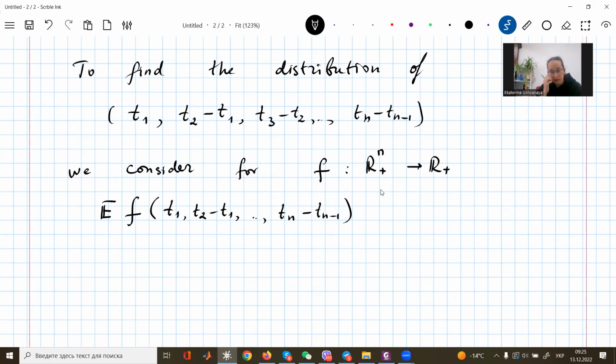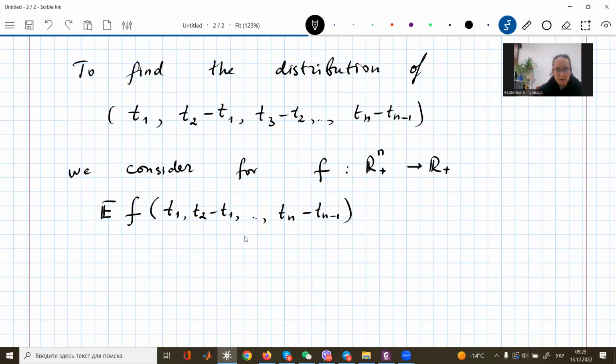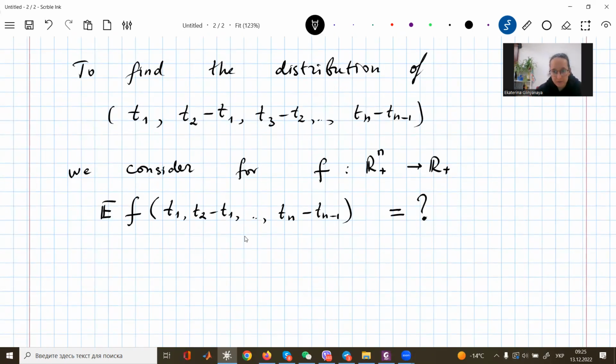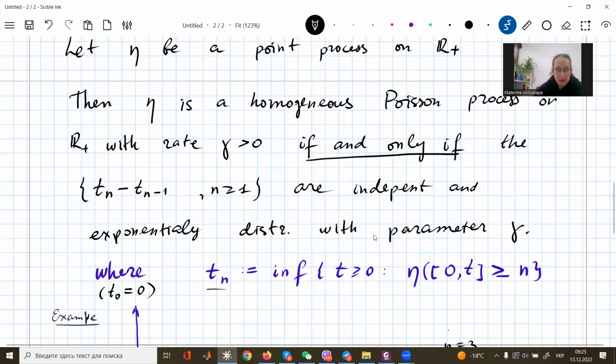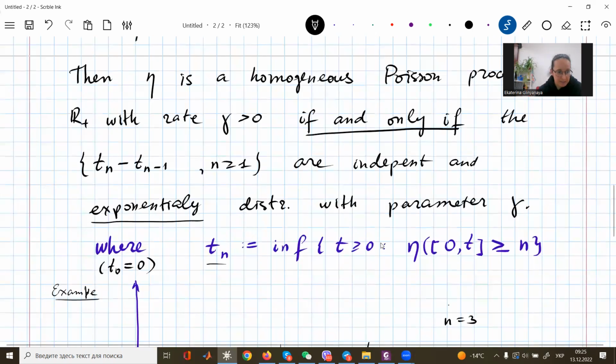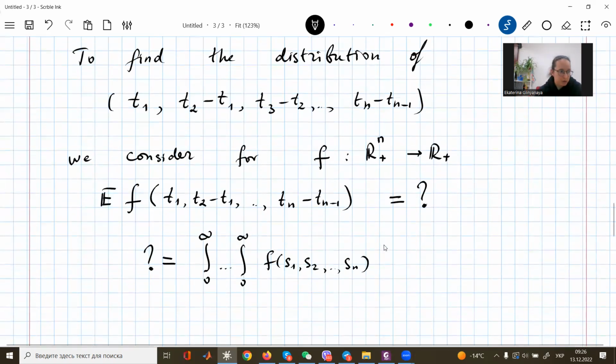And we will prove that this can be represented as an integral with density. So let me write this as a claim, that we can represent it as an integral of such form, where we have here s1, s2, and so on, sn, and the density of independent exponential distributions with parameter gamma. So what is the density of exponential distribution with parameter gamma?